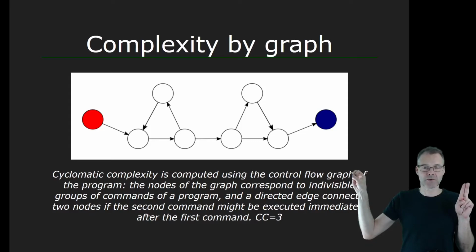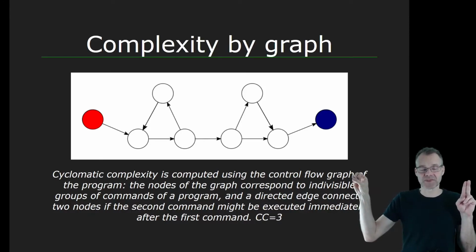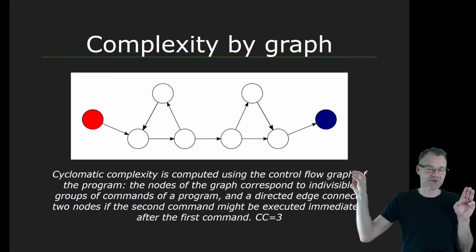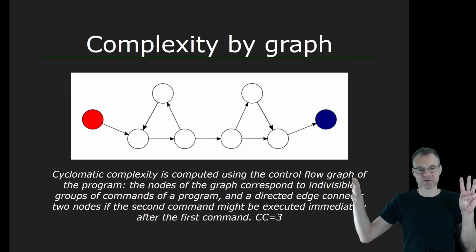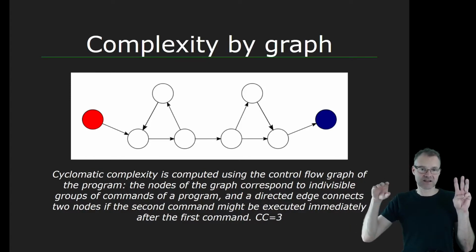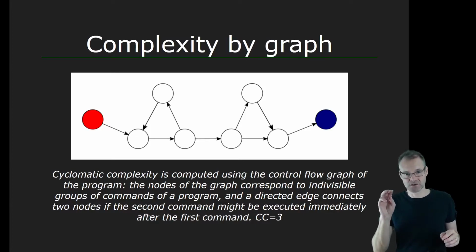So the cyclomatic complexity gets 1 more. Then we continue to the next white dot, and there's a new decision point. So we go left or right. So now we have a cyclomatic complexity of 3, and then we continue to the end. So this graph here is showing a cyclomatic complexity of 3 with 2 decision points.